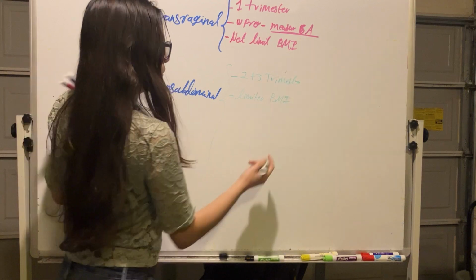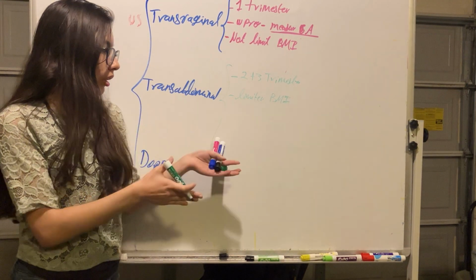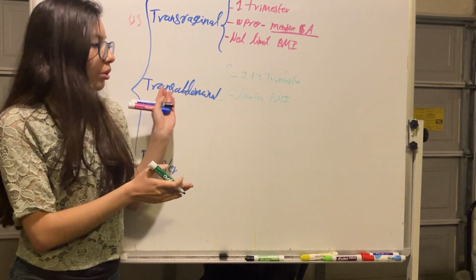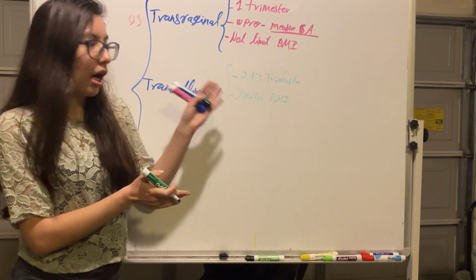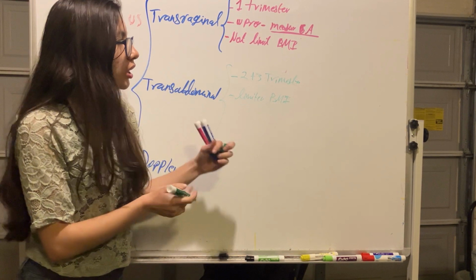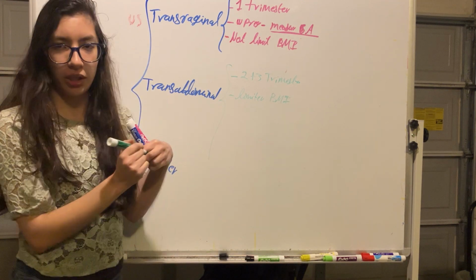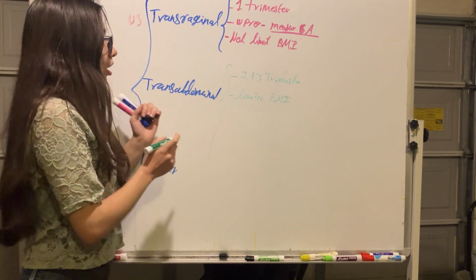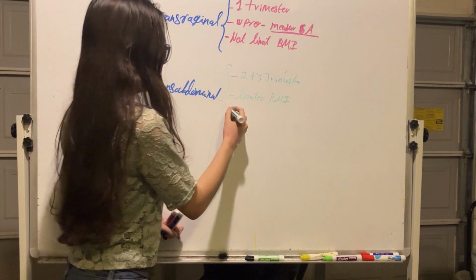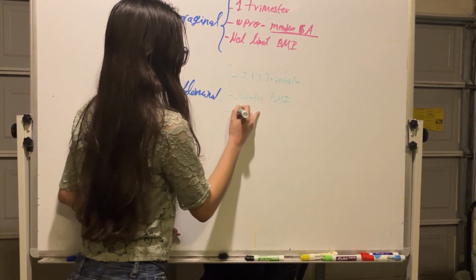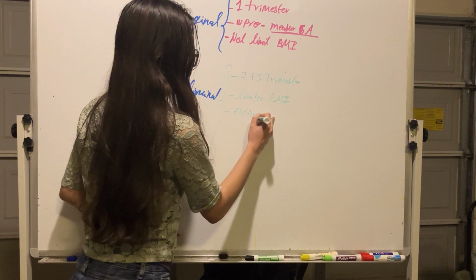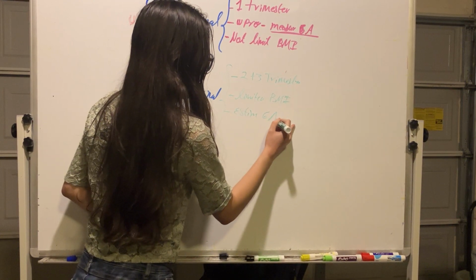We are going to have difficulty seeing the fetus with the transabdominal ultrasound if the patient has a high body mass index, for example, as opposed to the transvaginal ultrasound. For transabdominal ultrasound, we can also estimate gestational age.